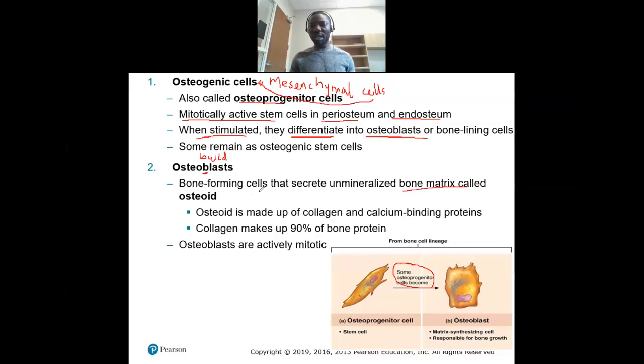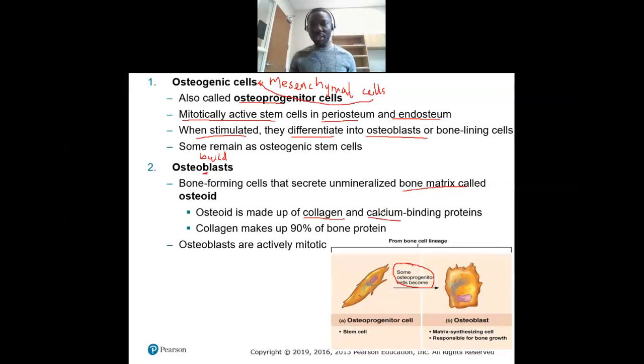Don't forget, osteoblast is produced by progenitor cells, and what they do is to build. They build the bone matrix, and you know the bone matrix is made up of collagen fibers and calcium salts, calcium phosphate, calcium sulfate, or calcium carbonate.